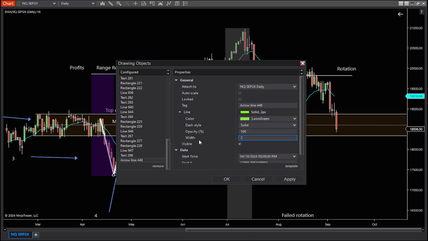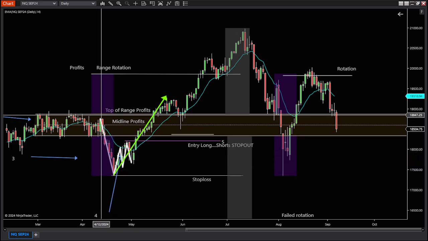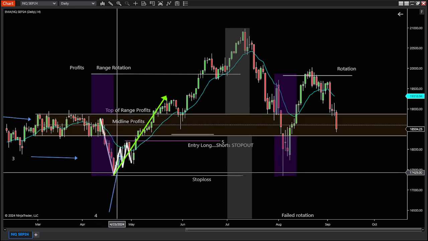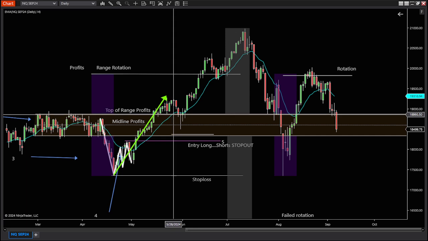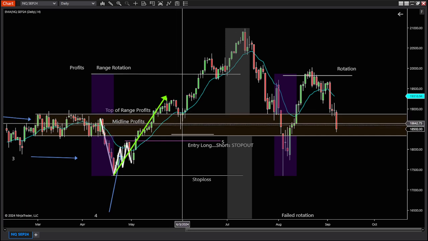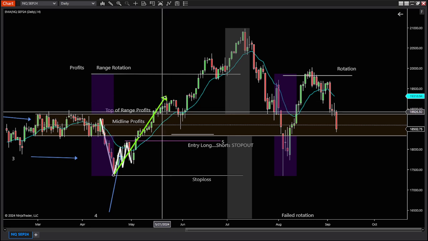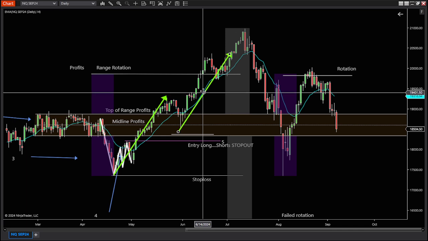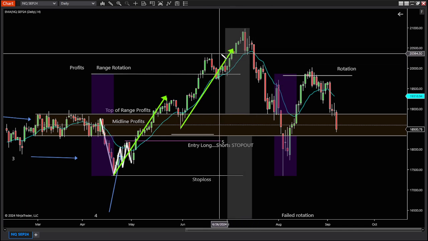So before we were looking at the overall higher time frame measured move, now we're looking at the range breakout measured move, right? So this is going to start the move. This is going to start the slingshot. And when we retrace back to the range and we hold the top or inside the range and then continue, this will be the measured move, which we broke, right?